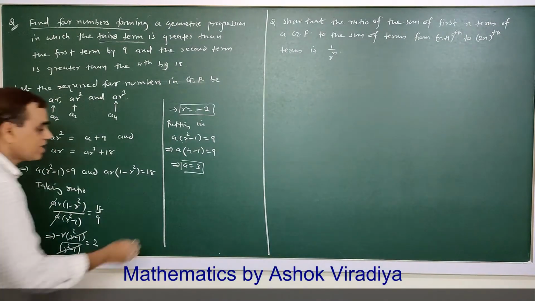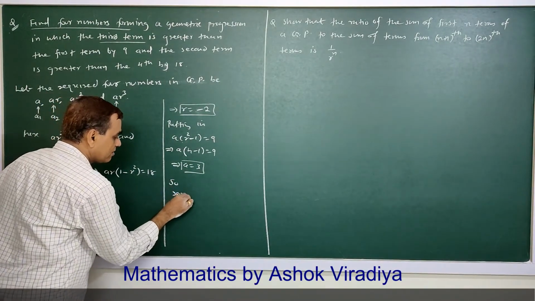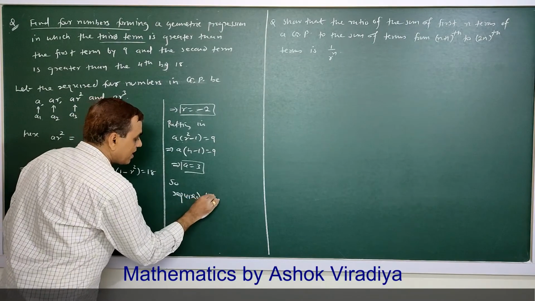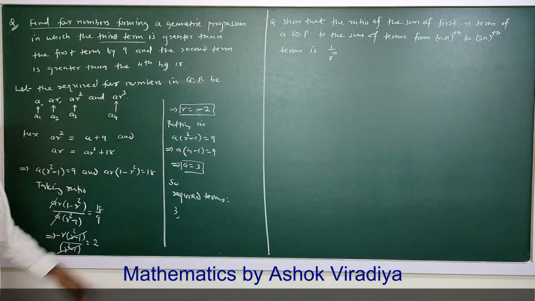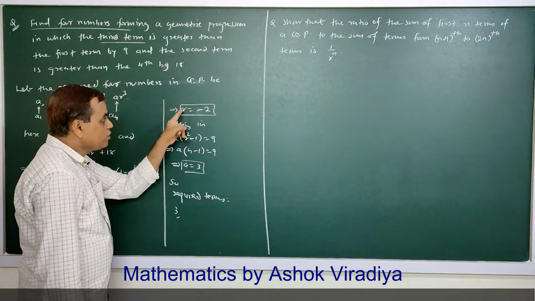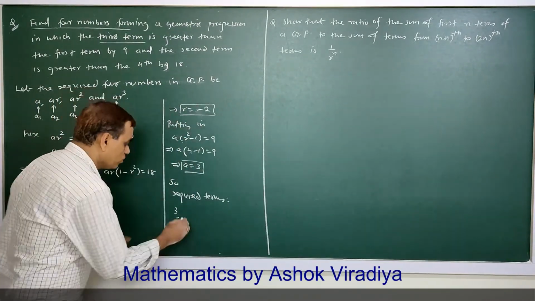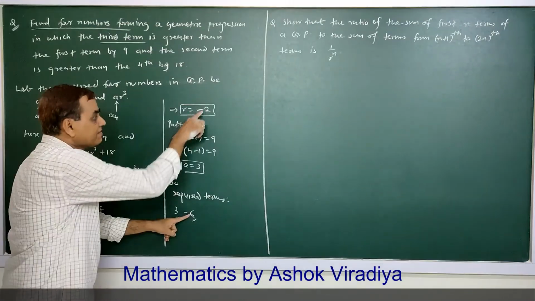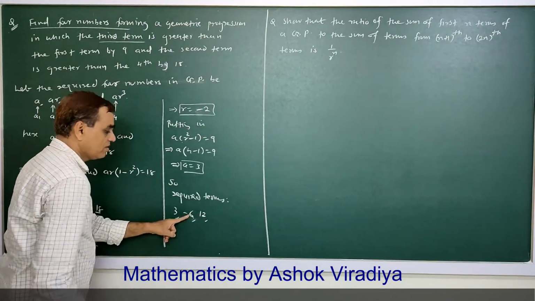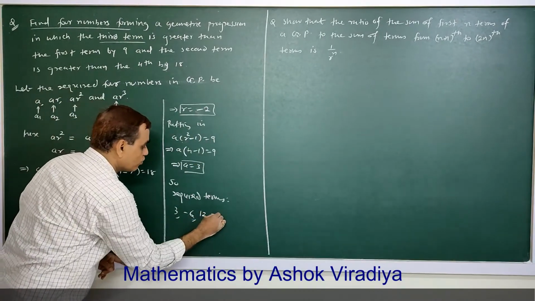So the required terms are, therefore, the first term is 3, the second term is a into r, so 3 into minus 2 is minus 6. Now multiply this with minus 2, so it is 12. Multiply this with minus 2, so minus 24.